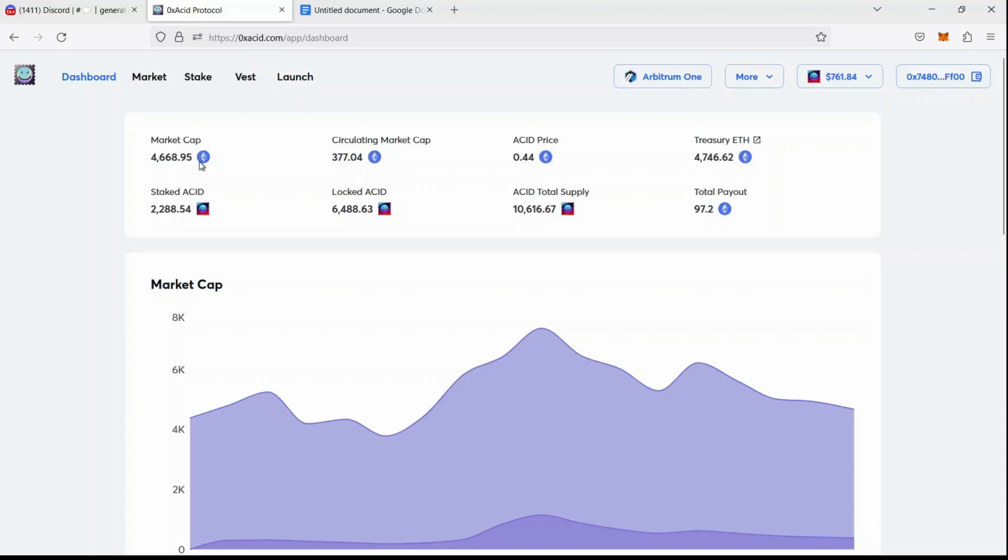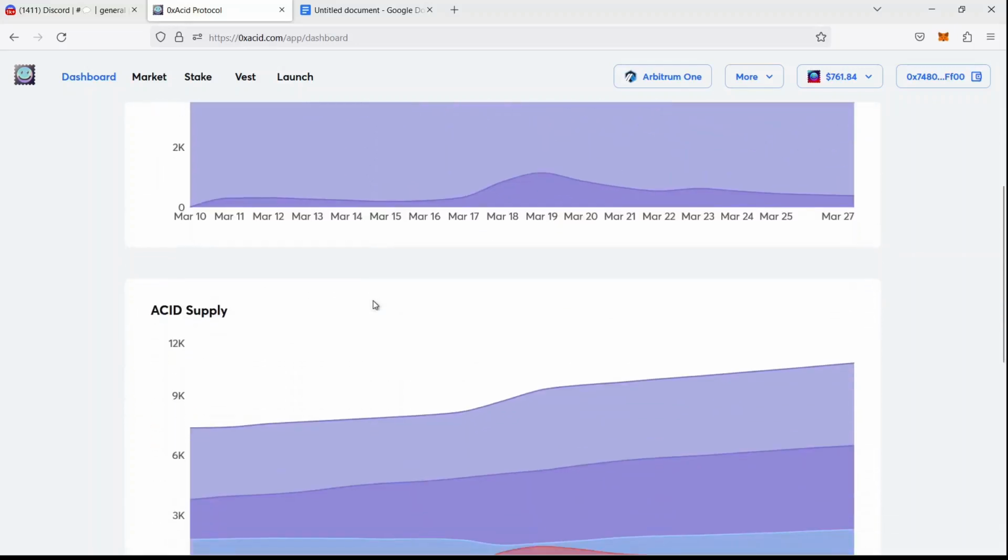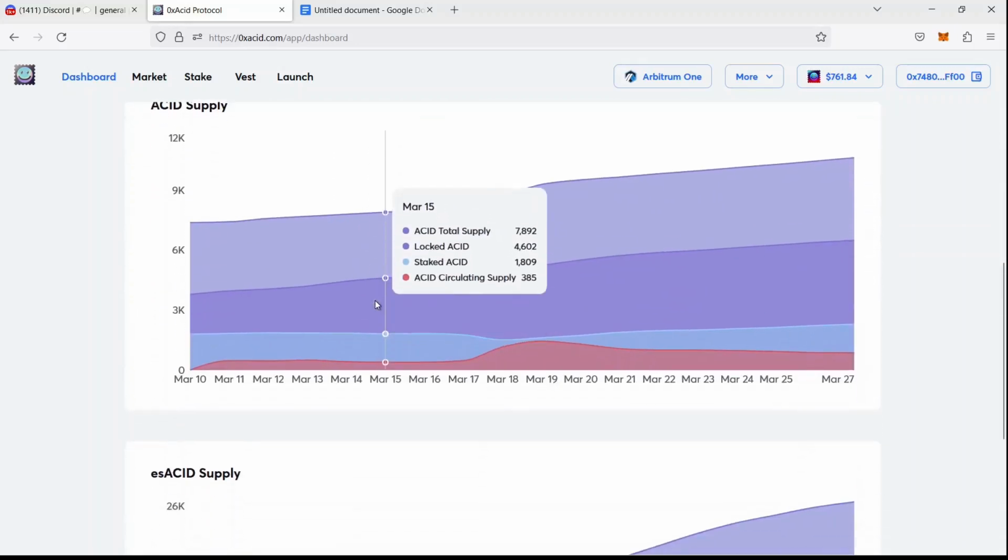Starting with the dashboard, I just want you to know that these metrics you see on the screen are pretty much self-explanatory.